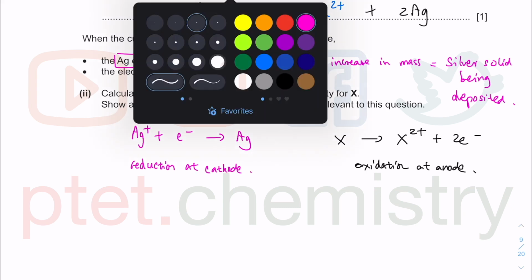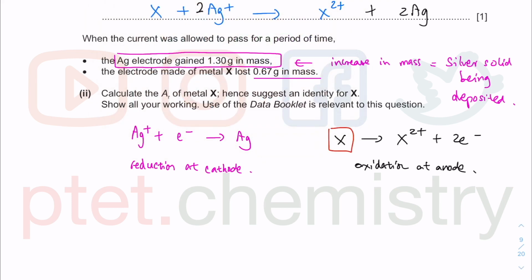So if we want the identity of X, we need to think about the number of electrons, obviously. And if I first work out from the silver, because I have this information here, so what can I say? We don't have any information on the current and stuff, but what I can say is the mole ratio of electrons to silver in this setup is 1:1, because 1 mole of electrons gives you 1 mole of Ag.